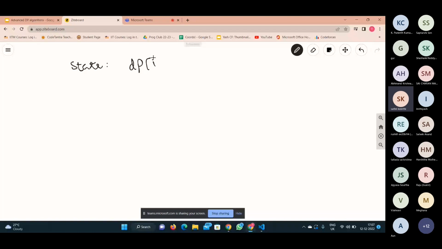DP of i, j represents the LCS of strings x, y, where the string in x is considered from 0 to i minus 1, and i terms from the first string and j terms from the second string.